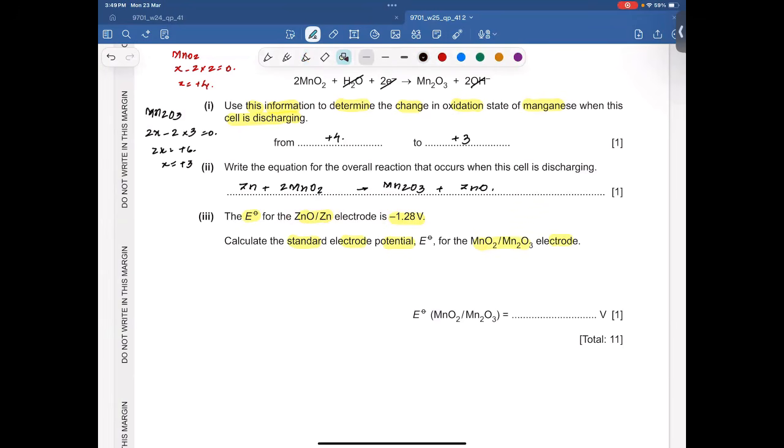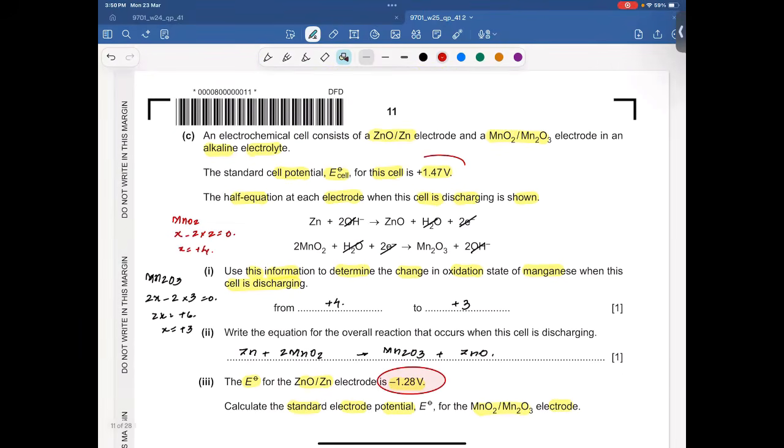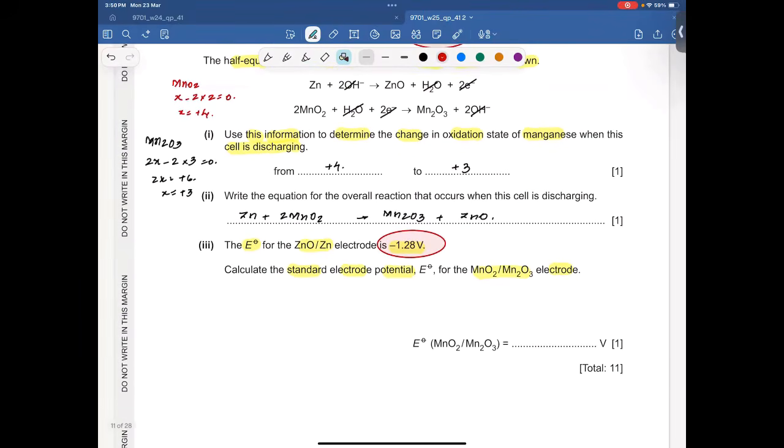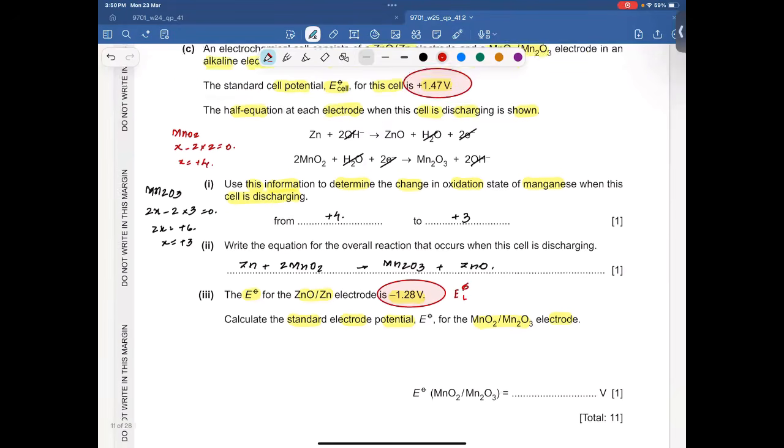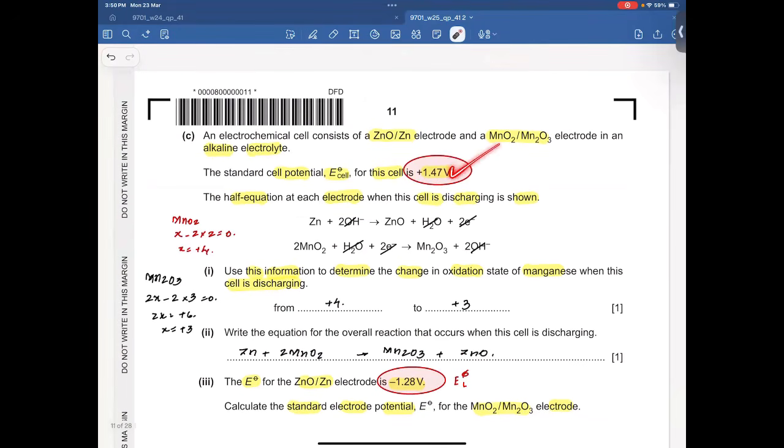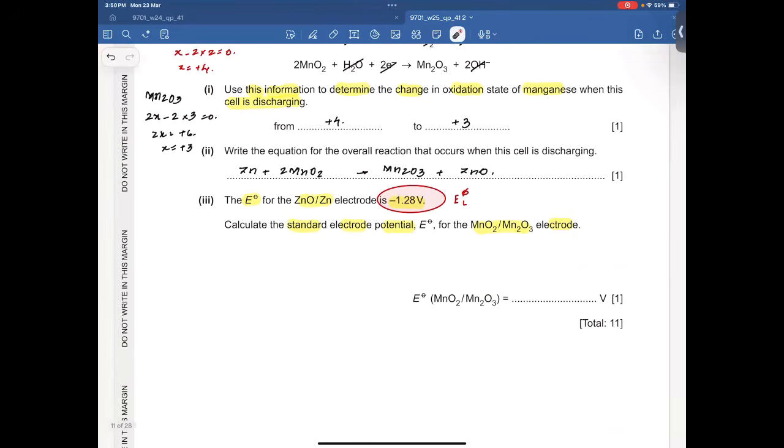By the way, we know E naught cell, so we need to find the value of, no, hold on. This is E naught left because it has a negative SEP value. This is E naught cell, which means this is going to be E naught right.